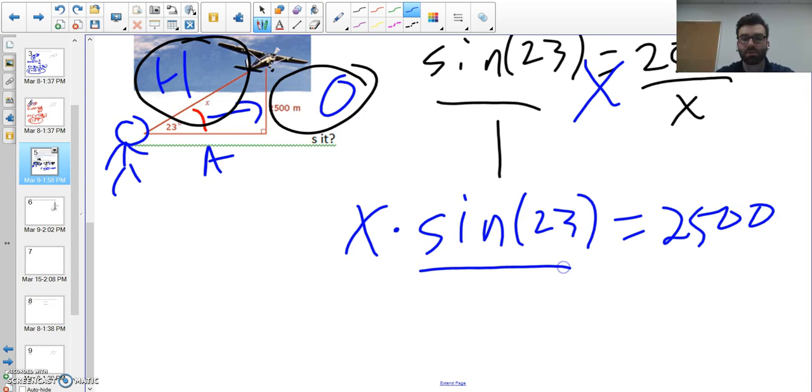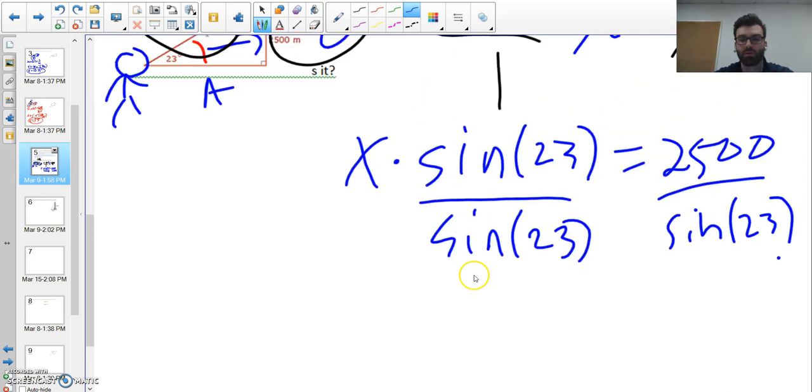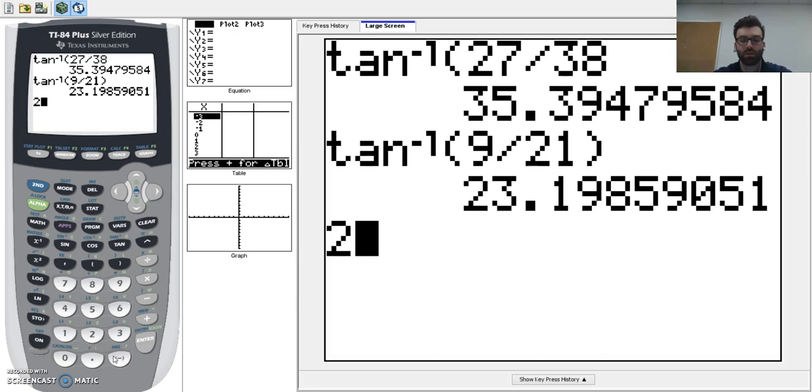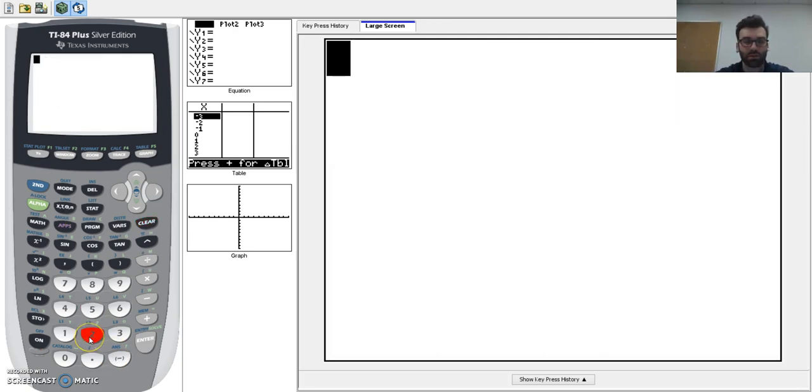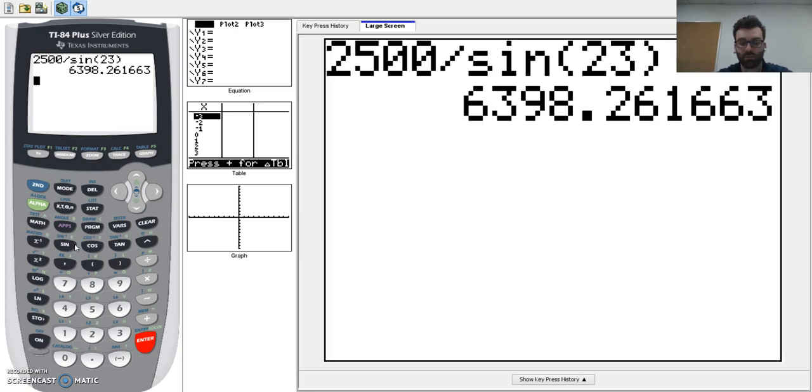In some problems, you won't have to. So just multiply the sine of your angle by the number, like you saw the other day. Well, if I divide 2,500 by the sine of 23, I get 6398.26.